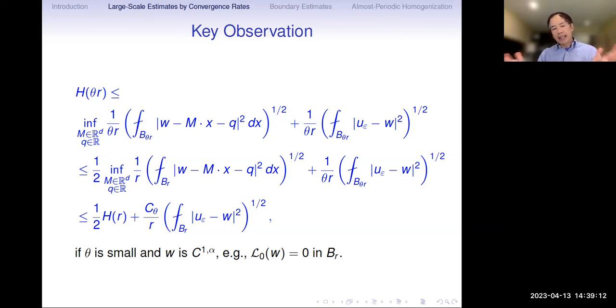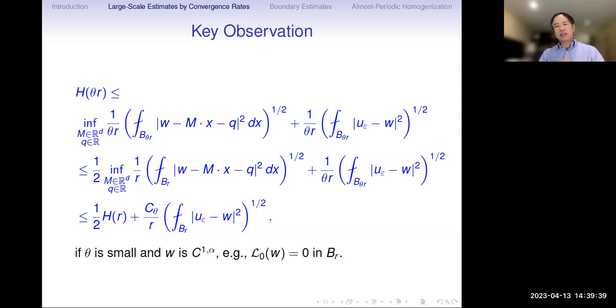Once theta is fixed, it will be a constant. Theta will be small, to be chosen. W is also supposed to be C1 alpha, and is also to be chosen. And later on, when we choose W, we're going to choose W to be a solution of the homogenized equation for the operator L epsilon.